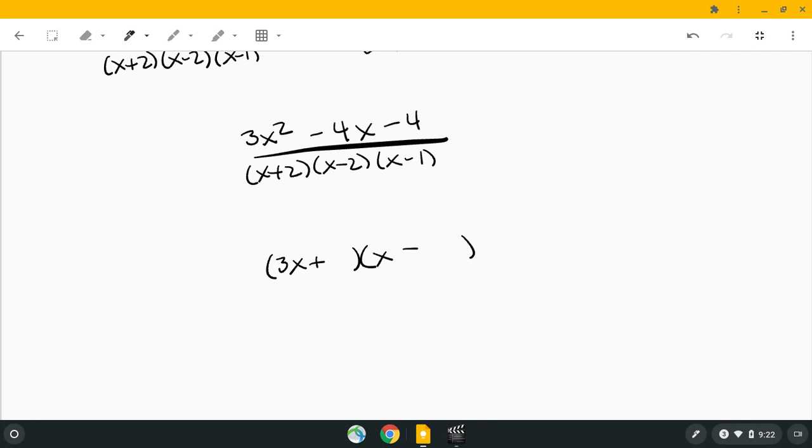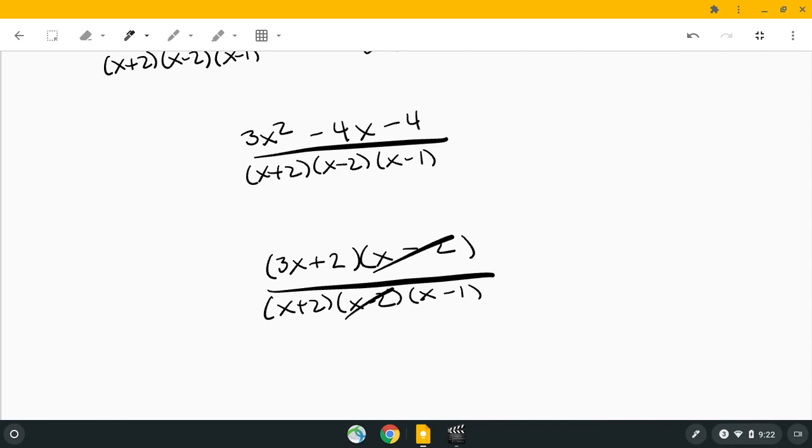You can try 2 and 2. Let's check. Outside is negative 6 plus 2. Negative 6 plus 2 is negative 4. That's what we want. And then x plus 2, x minus 2, x minus 1. Aha! Thank goodness. Okay, here, x minus 2 cancels with x minus 2.